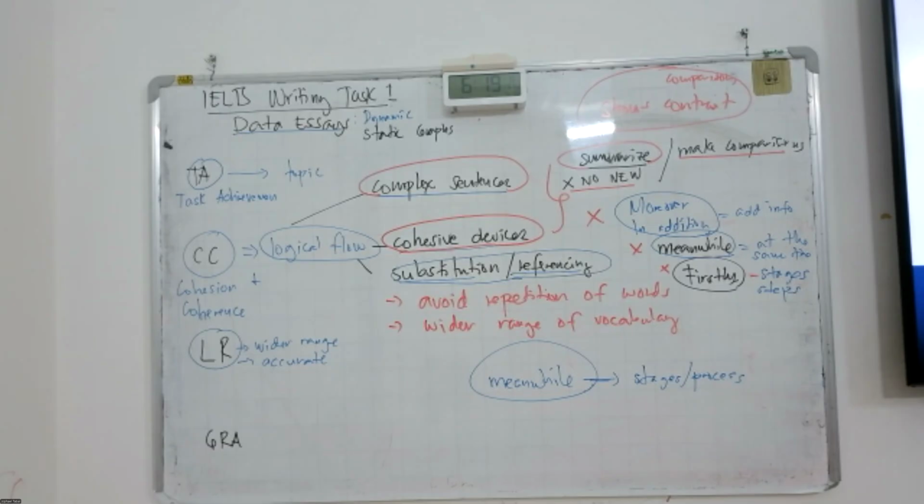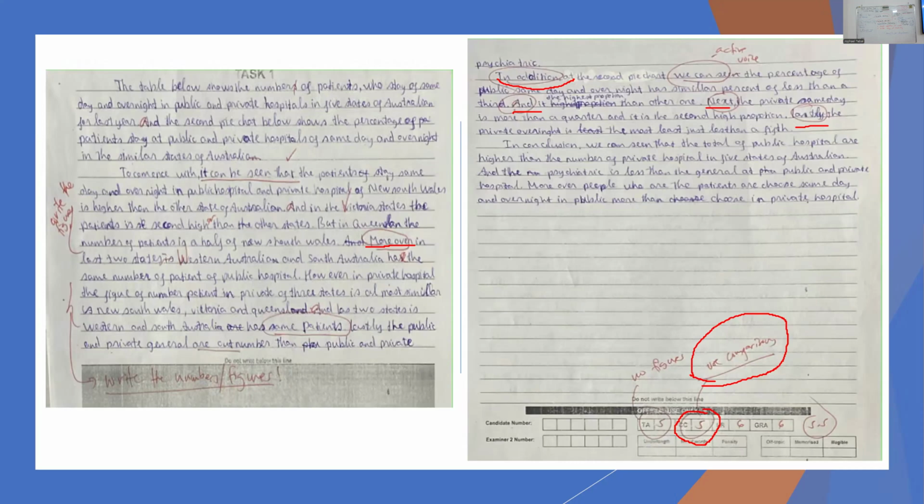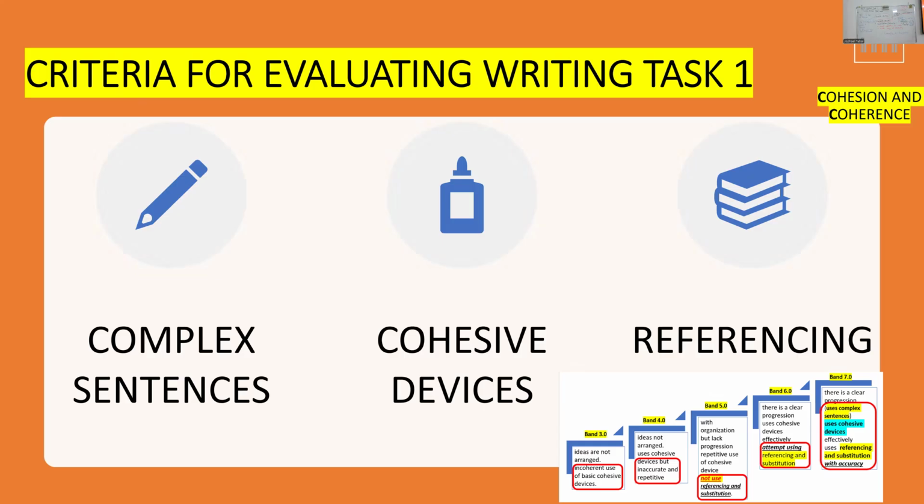Again, if you take a very close look at the student's essay, the candidate uses words like moreover, in addition, next, lastly, finally, all right? The candidate repeatedly uses cohesive devices that describe stages or processes.